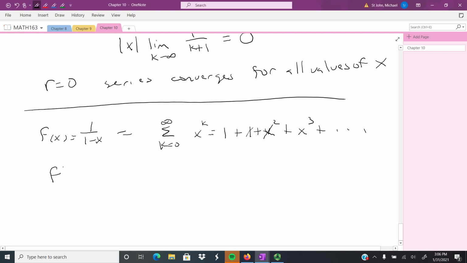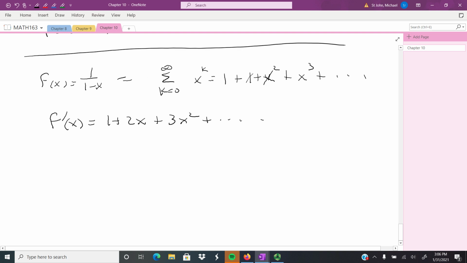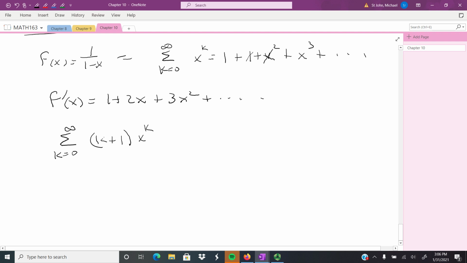And so my derivative then is going to be 1 + 2x + 3x² and so on, so the sum from k equals 0 to infinity of (k + 1) x^k.